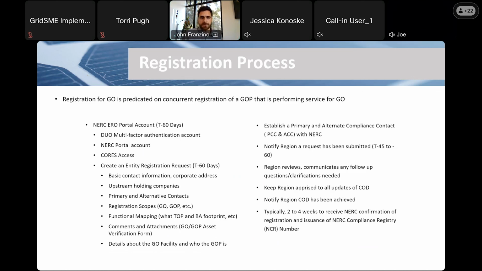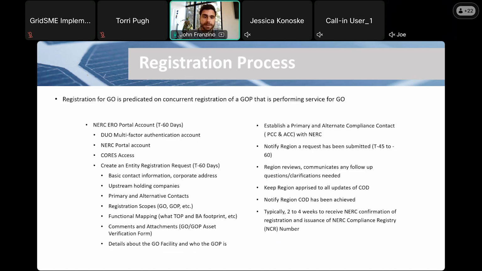So you need to be ready to demonstrate compliance, ideally when you submit the initial registration request, just because there is some variability in that timeline. But long story short, all the regions now are finally aligned and asking for the registration request to be submitted 60 days before COD. You'll have to establish the primary and alternative points of contact for compliance with NERC in the region.